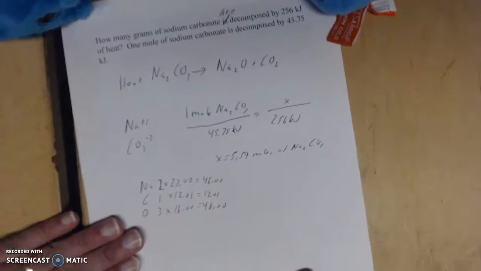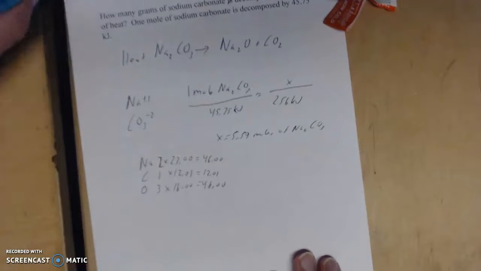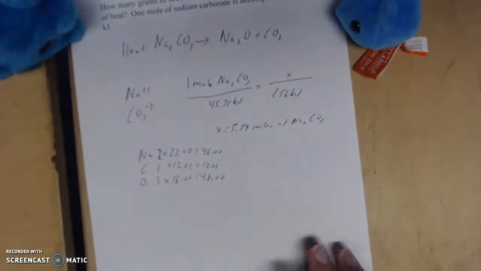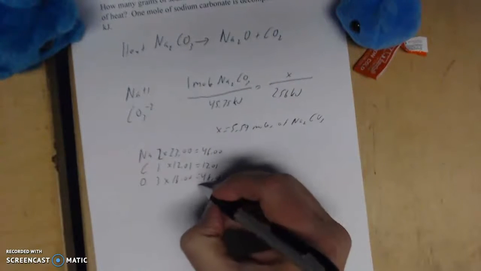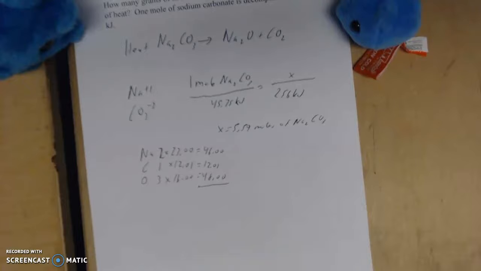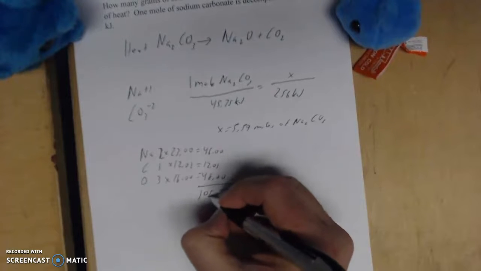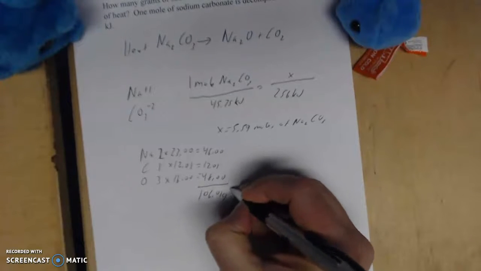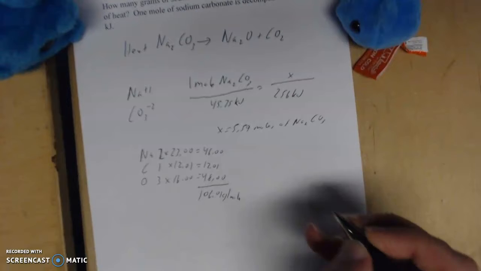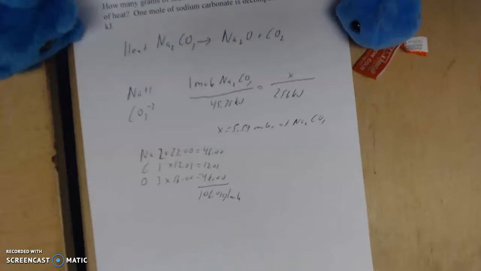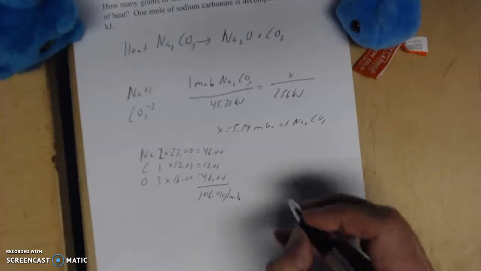Let me move this up a little bit. Okay, viruses have to move too. And then we add these up, and it's 106.01 grams per mole. So that's the molar mass. Now to go from moles to grams, we multiply.